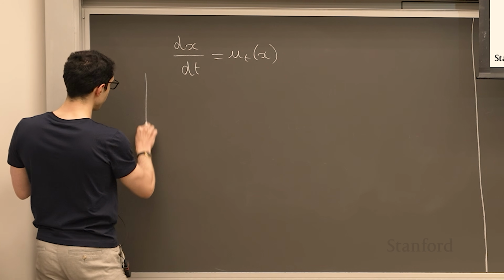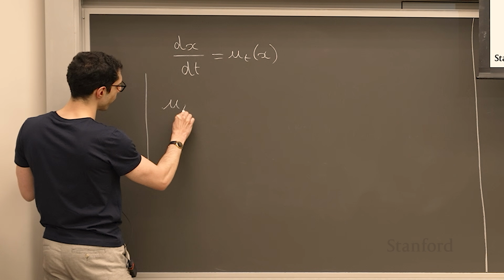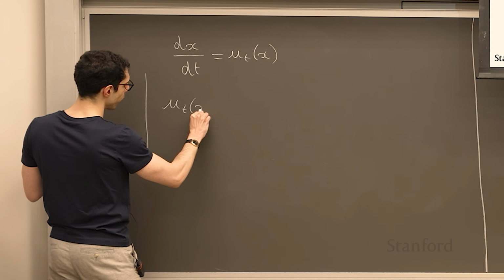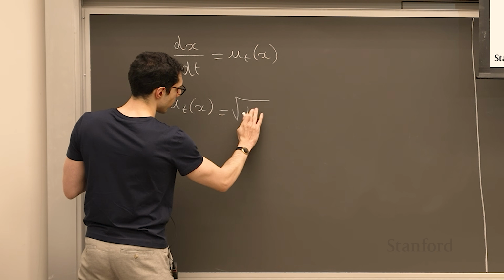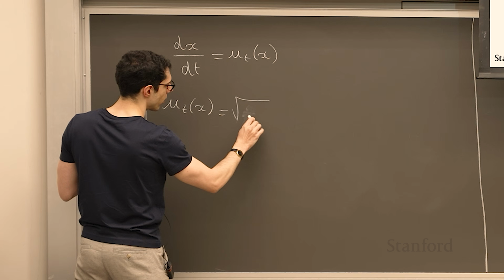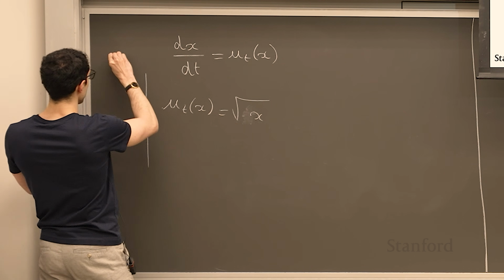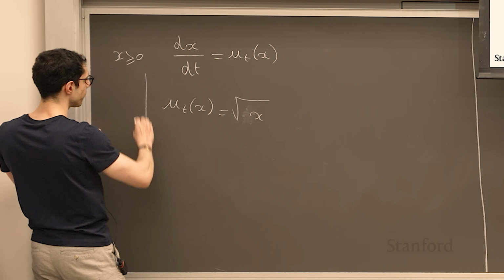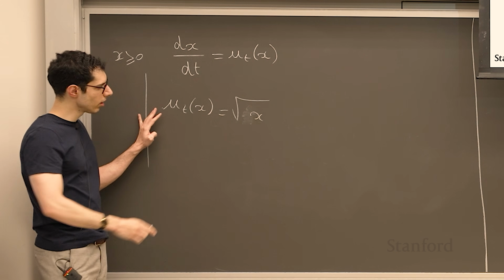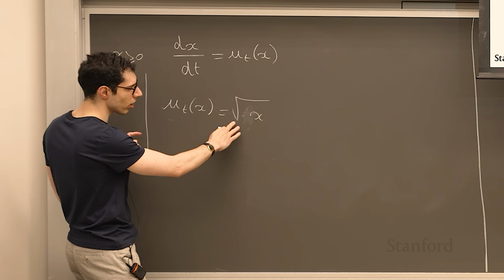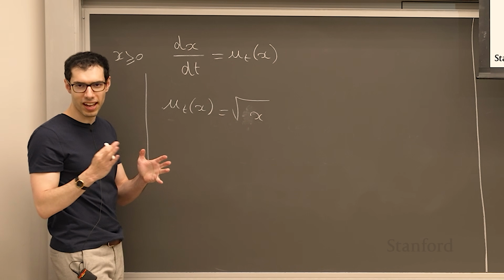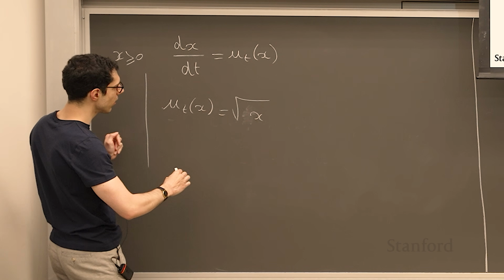So here the example is as follows. Let's suppose your vector field is given by the square root of x, and you only consider x positive or 0. The vector field is time independent and is just a function of x via the square root of x.